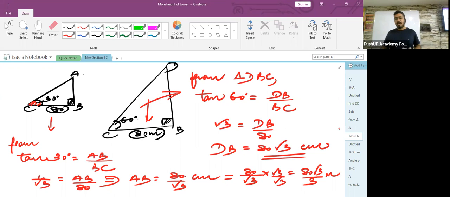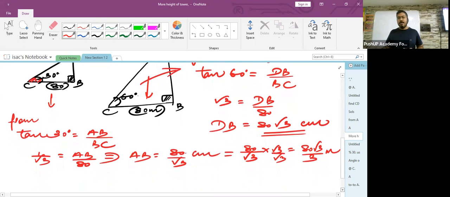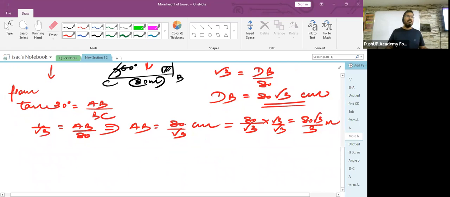Now, what was the final part to be solved? Finding the value of AD, isn't it? How do you find AD, children? AD is equal to DB minus AB, right?